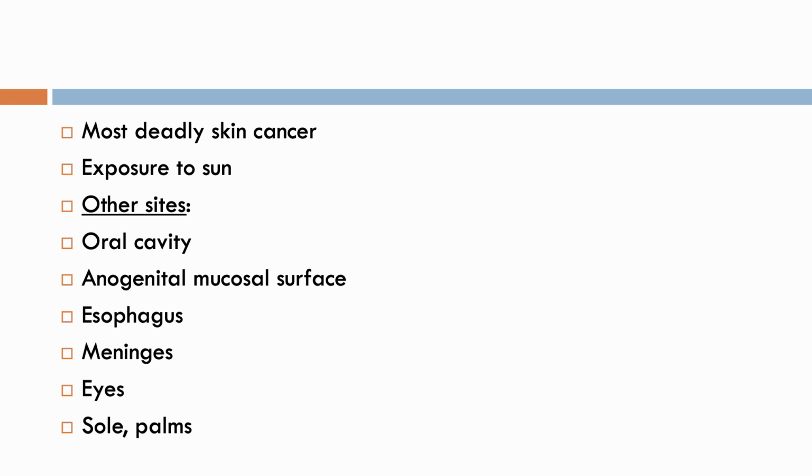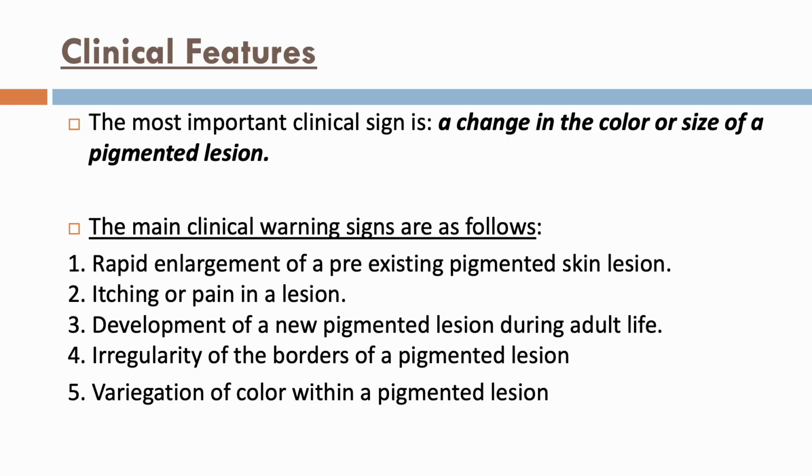Other sites include oral cavity, anogenital mucosal surface, esophagus, meninges, eyes, soles and palms. Clinical features. The most important clinical sign is a change in the color or size of a pigmented lesion.